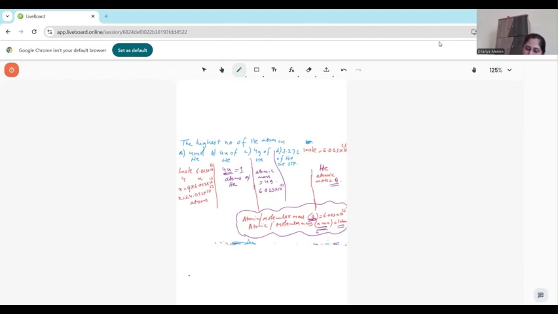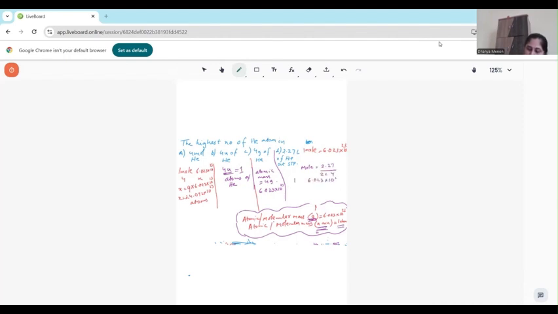So moles is equal to 2.27 over 22.4. So 1 mole contains 6.023 times 10 raised to 23.